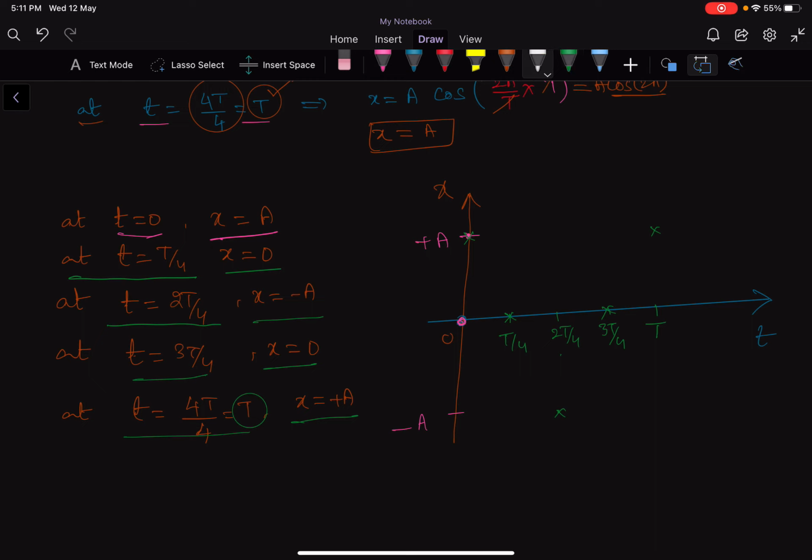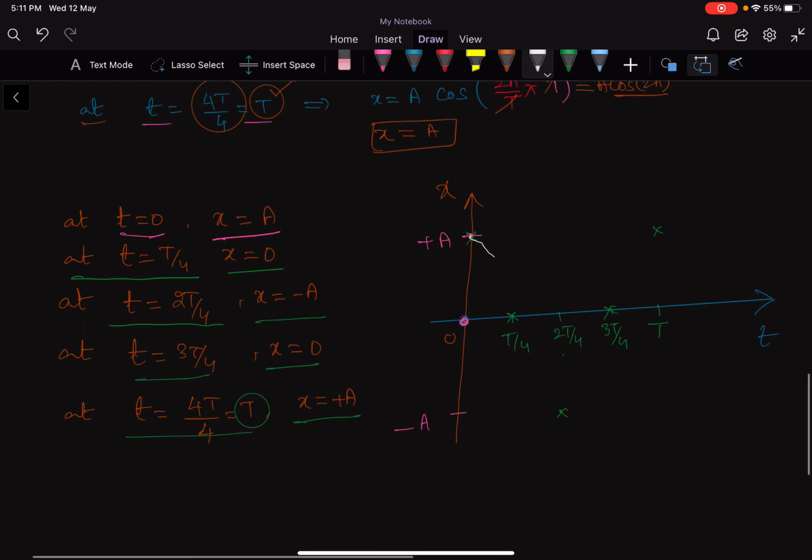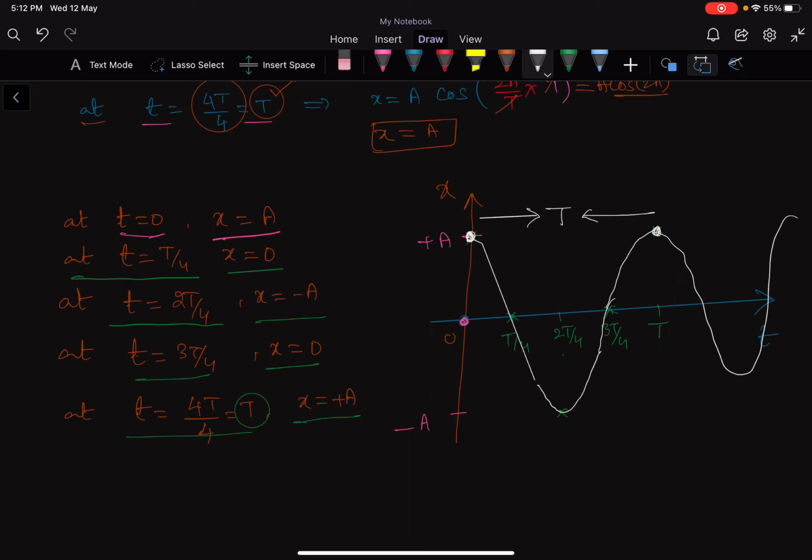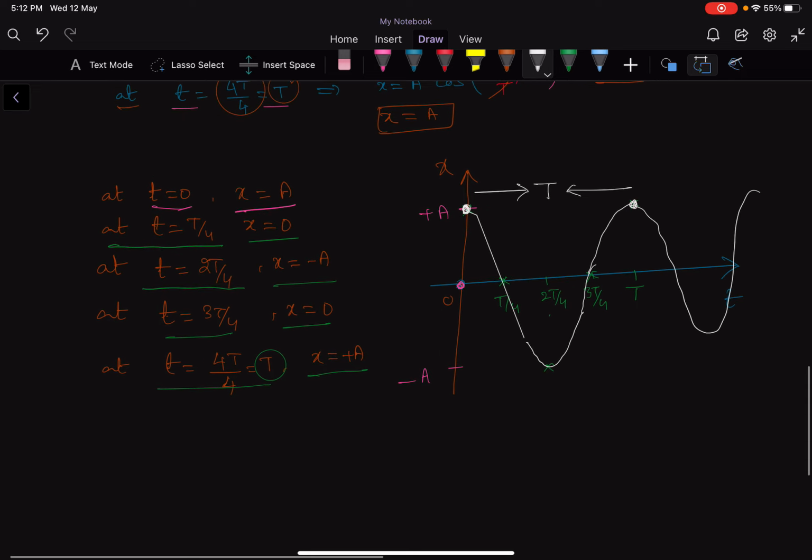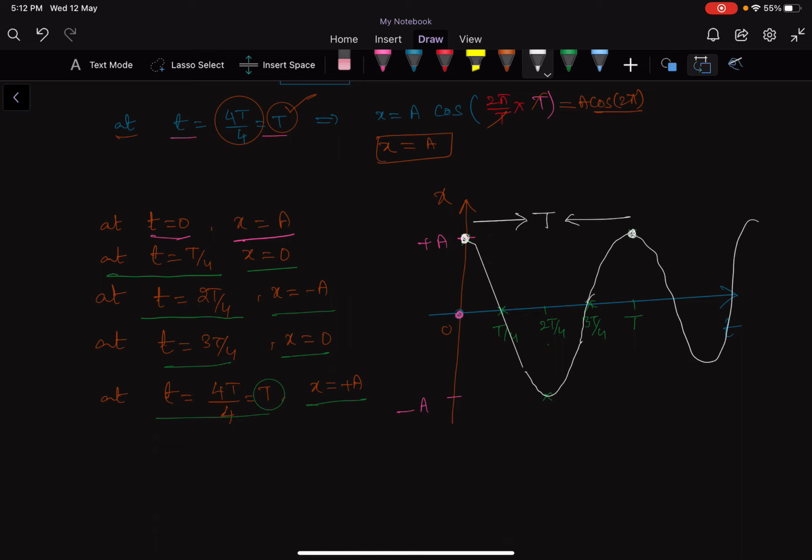So I am combining all these points like this. When I combine all these points, that means the particle started its journey from plus A and is again coming back to plus A. Time taken to move from here to here is nothing but time period T. So the graph will be looking like this.